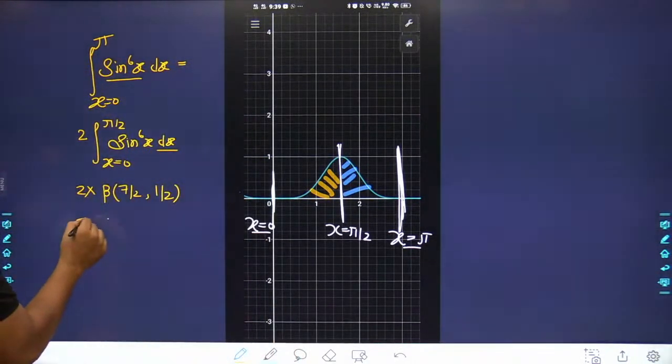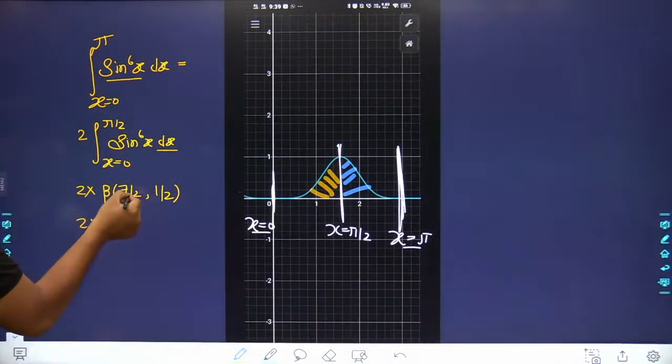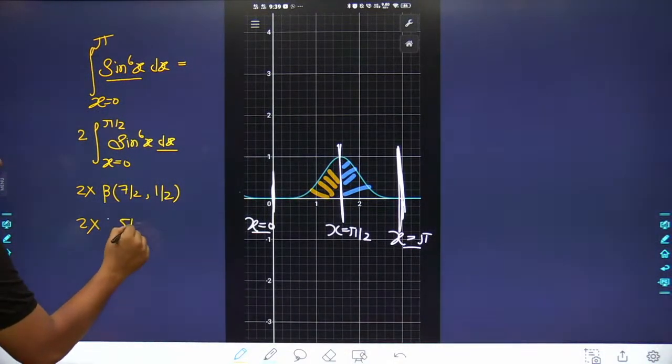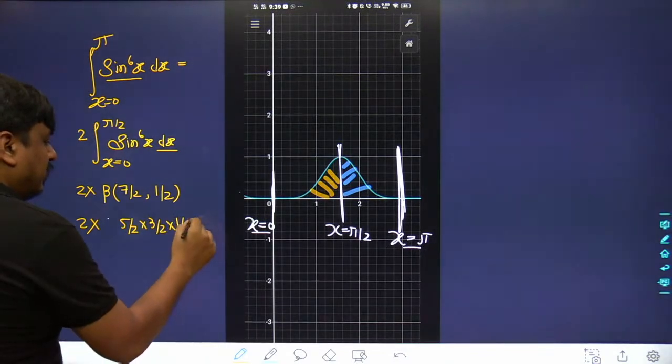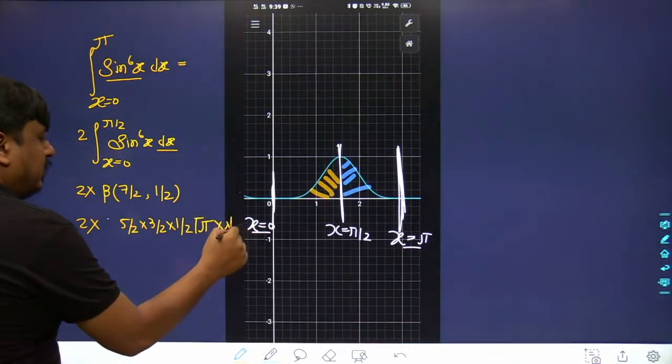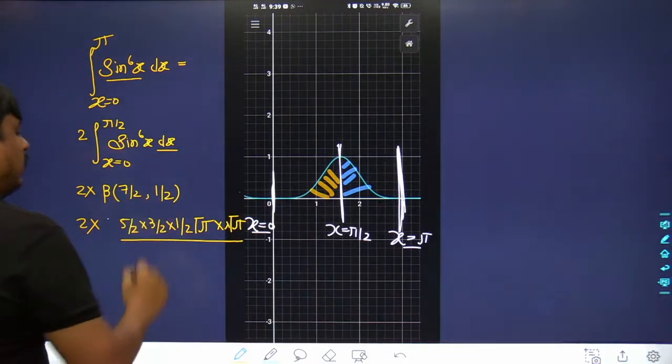And here it goes 2 into beta. Beta of 7 by 2 could have been written as 5 by 2 into 3 by 2 into 3 by 2 into 1 by 2, and here it would be root over pi, and here it would be gamma of half itself.